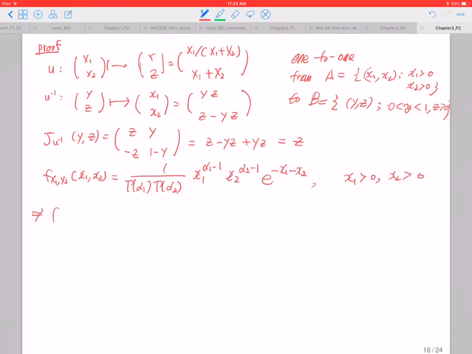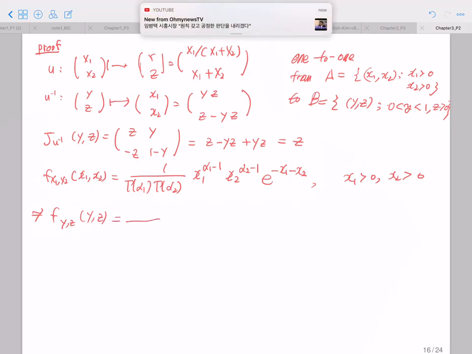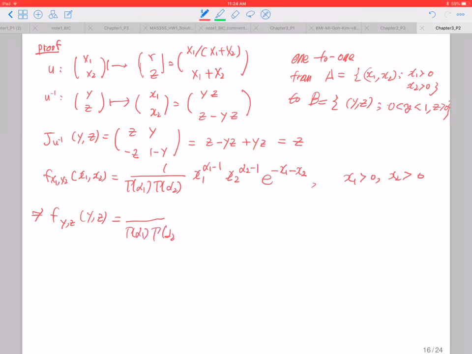Then we can use the formula, and that involves y z to the alpha 1 minus 1, z times (1 minus y) to the alpha 2 minus 1, and then e to the minus z, and then z, something like that. And so that is the PDF.